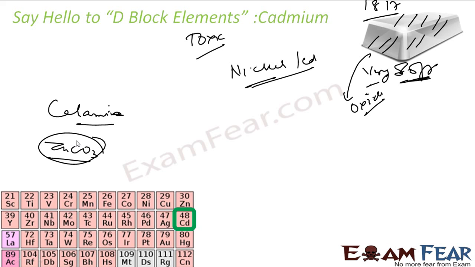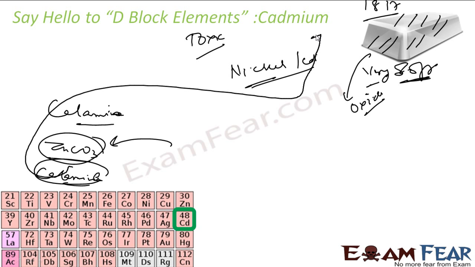This is called calamine, from this character. Now, as I told, this cadmium is produced mostly as the byproduct of zinc refining. So generally most of the cadmium is produced from zinc carbonate. And zinc carbonate is called calamine. And thus this word cadmium came from this calamine.